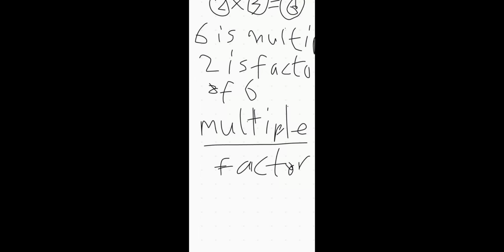When you divide odd numbers by 2, you will always get a remainder of 1. You done? Yes.